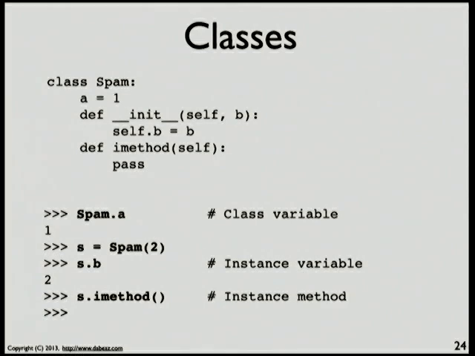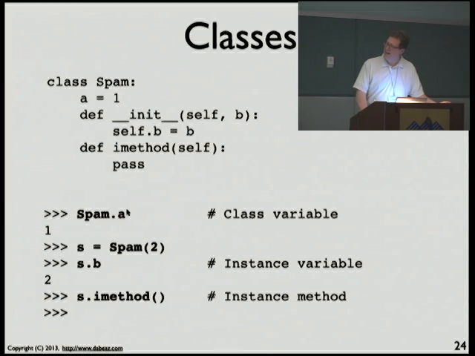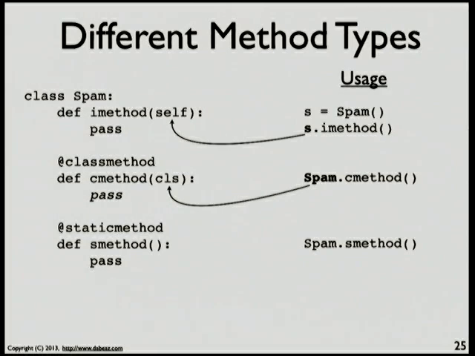And then you should know some things about classes, basically simple class definitions. Just some terminology here. If you have a class, any kind of variable that's defined at the class level is known as a class variable. Any variable that's defined in the init function is an instance variable, and any method on there is an instance method. You might also want to know about some of the other method types as well.